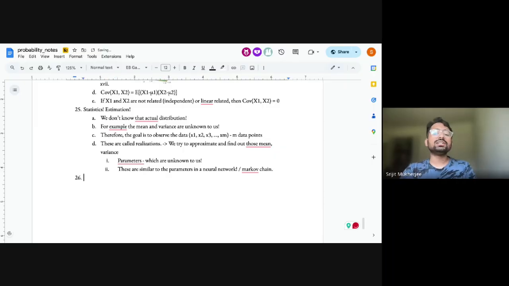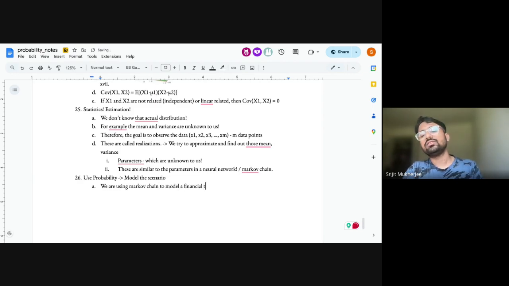So essentially, the goal is to use probability to model the scenario. For example, we are modeling a finance scenario, using a Markov chain to model a financial stock, right? Markov chain or probability distributions.